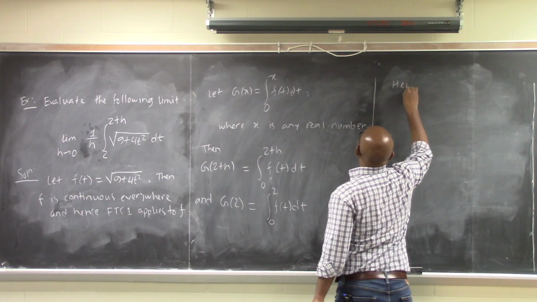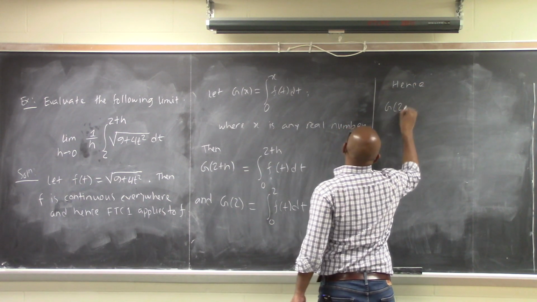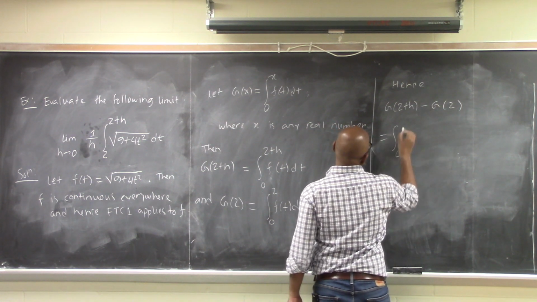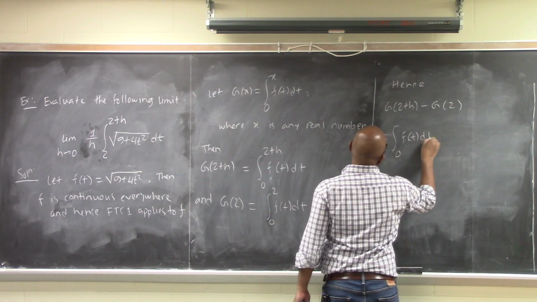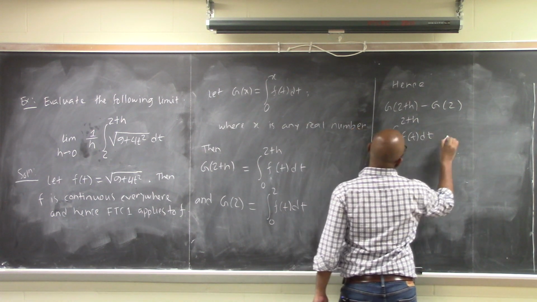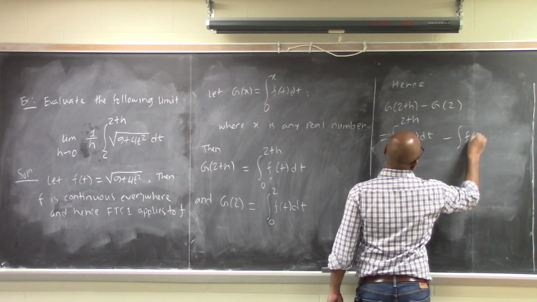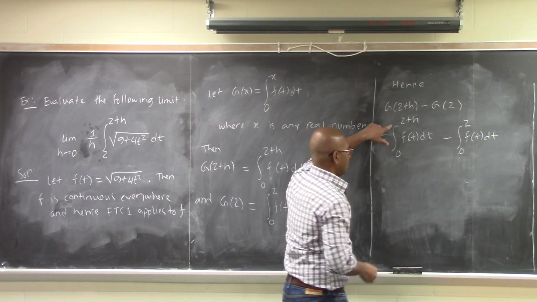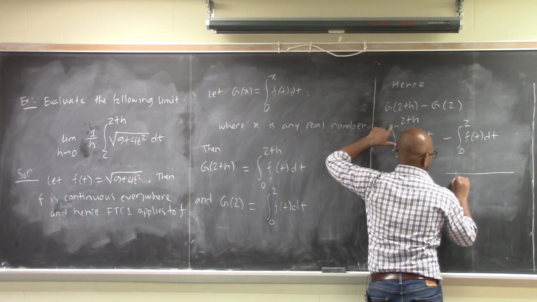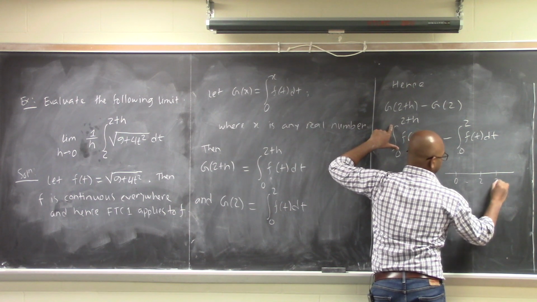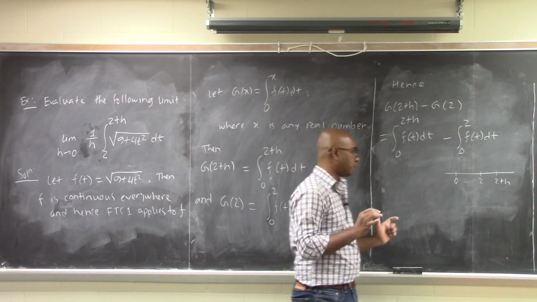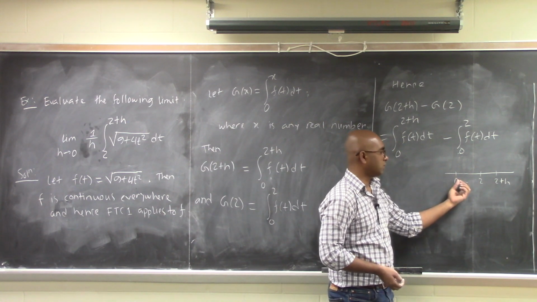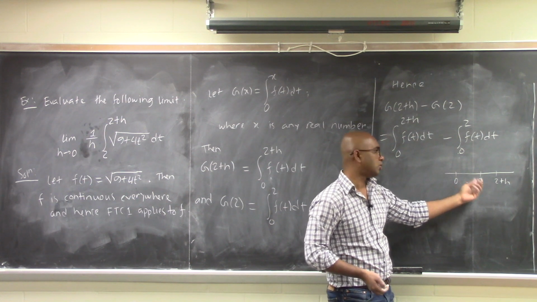So then, and hence, g of 2 plus h minus g of 2. So that guy is integration of f from 0 to 2 plus h minus integration of f from 0 to 2. Say h is positive, right? h can be negative as well, no problem. So from 0 to 2 plus h you are integrating. So you can write this as integration of this function from 0 to 2 plus integration of this function from 2 to 2 plus h.